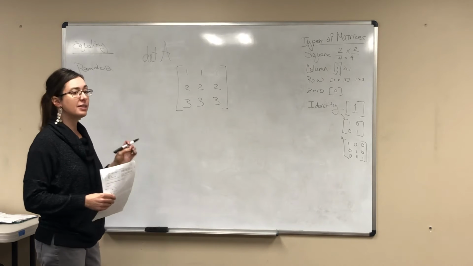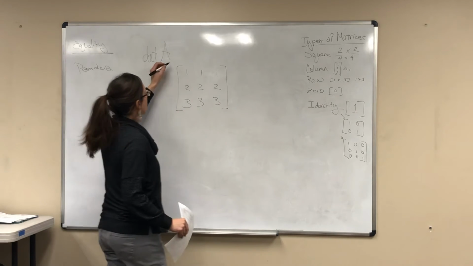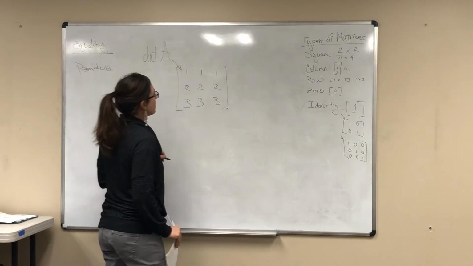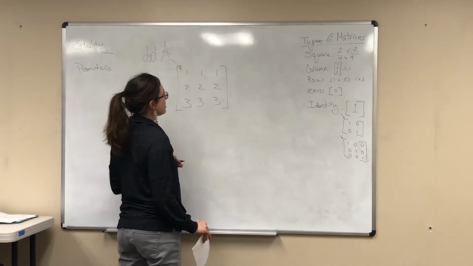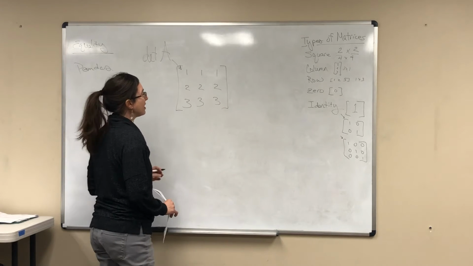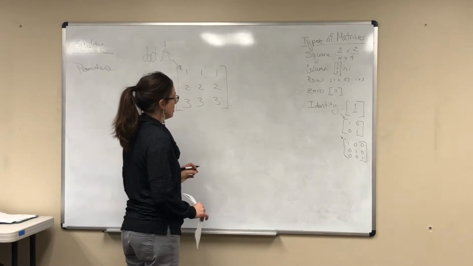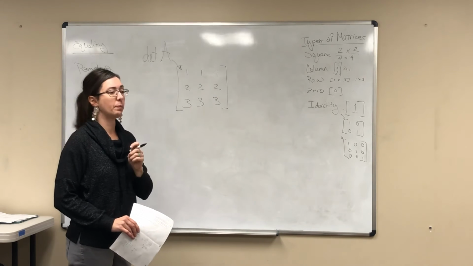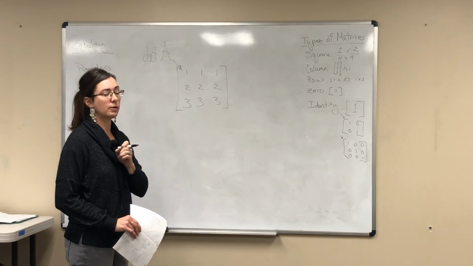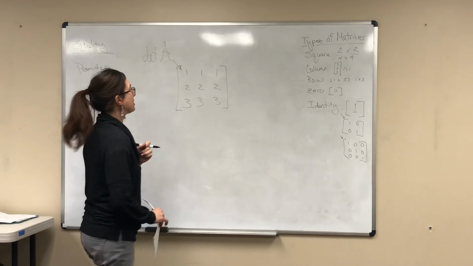We use the exact same rules where we add the ones that are moving to the right and subtract the ones that are moving to the left. However, we have to do all of the numbers to the right and all of the numbers to the left.